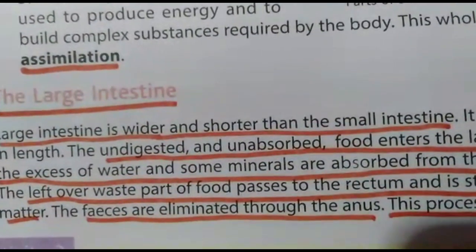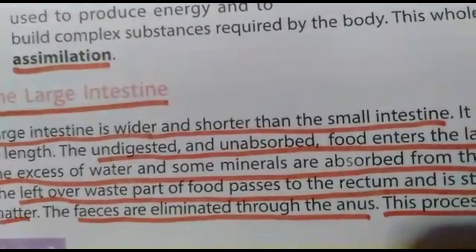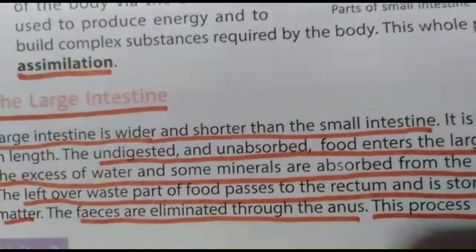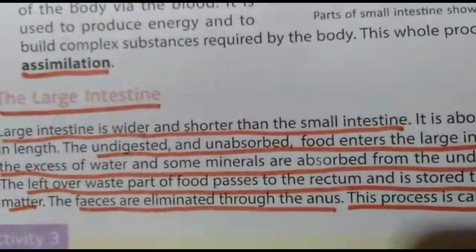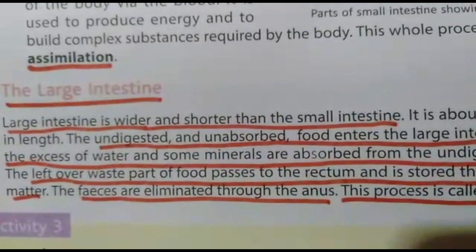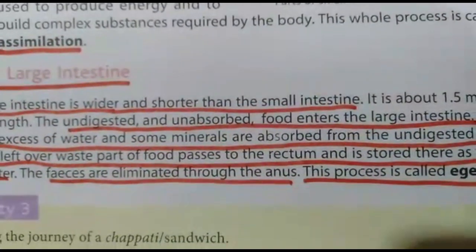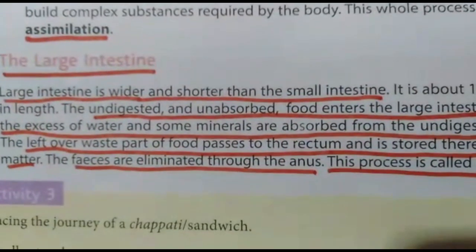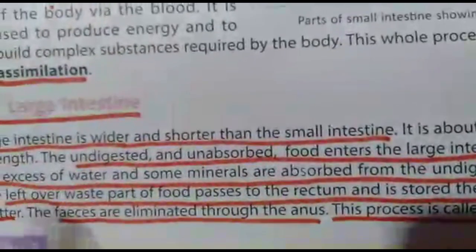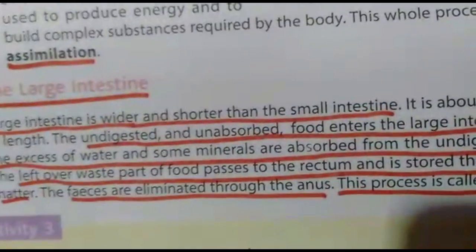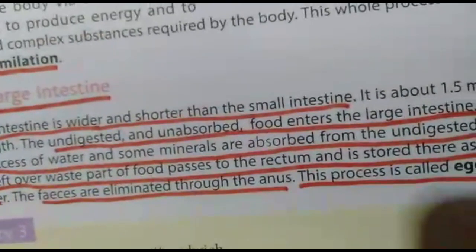The large intestine, despite its name, is shorter than the small intestine. The undigested, unabsorbed food enters the large intestine, and maximum absorption of water and some minerals takes place from the undigested food.